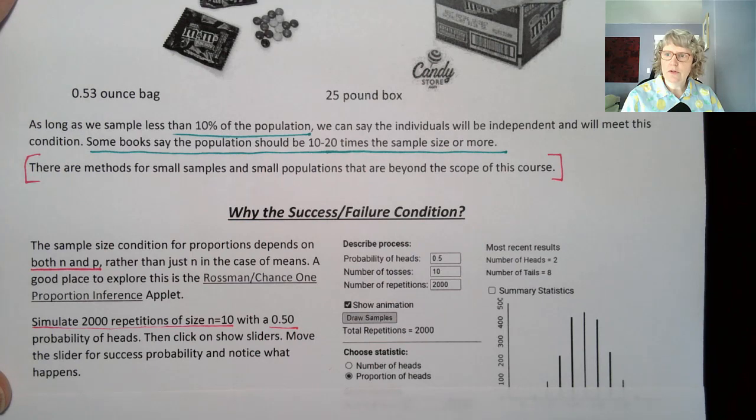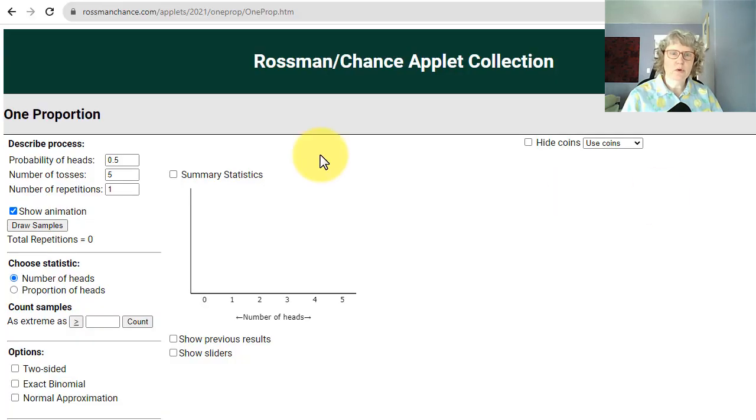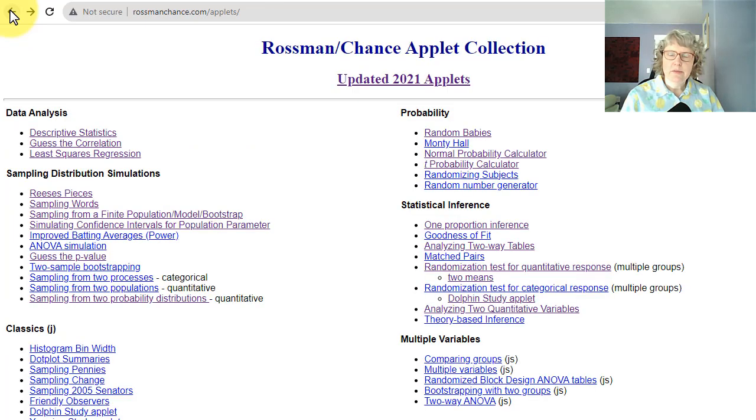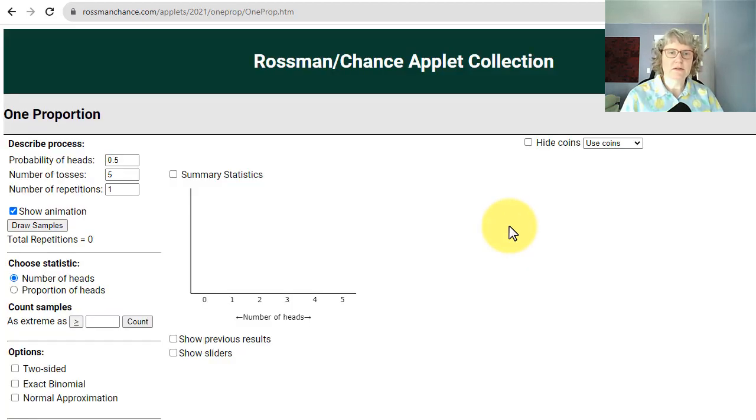So I'm going to go over to the Rossmann chance one proportion applet. If you're at the Rossmann chance page, which you can find by googling Rossmann chance applet, it'll come right up. It's the first one under statistical inference on the right side, one proportion inference. Remember, we've used this one before for coin tosses when we did our Kiki Booba and some of our other proportion inference.